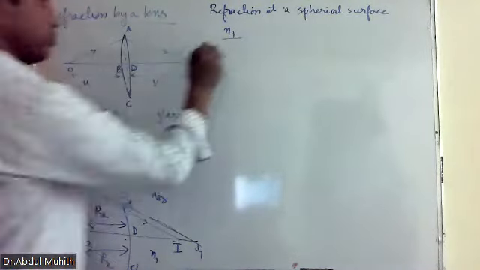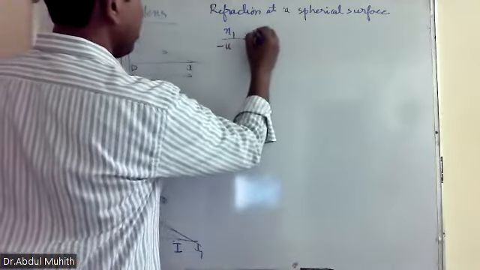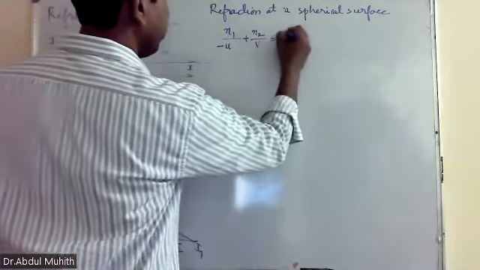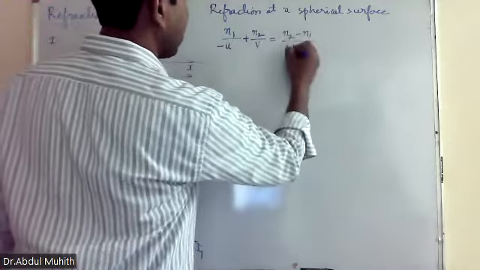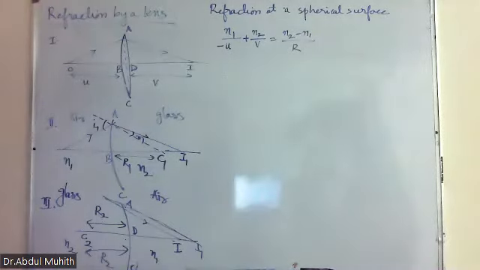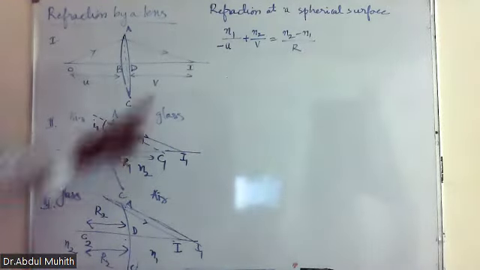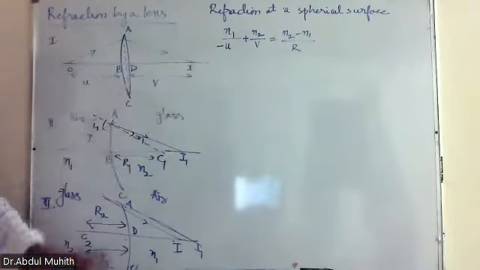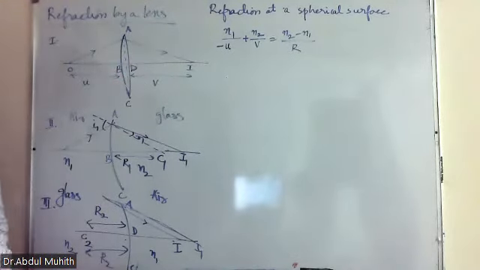N1 by minus U plus N2 by V is equal to N2 minus N1 by R. This is the formula. Now we are going to apply this on the second diagram, then we'll apply on this also. This derivation we did in the previous class.